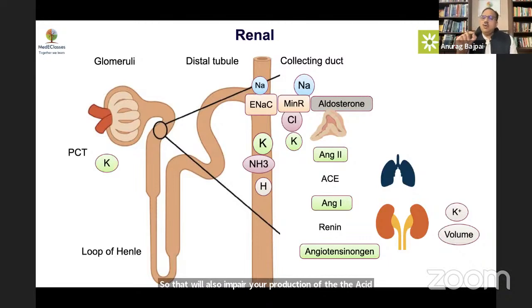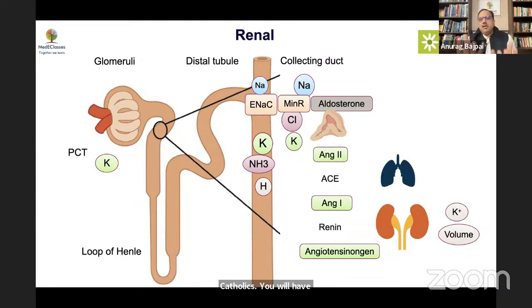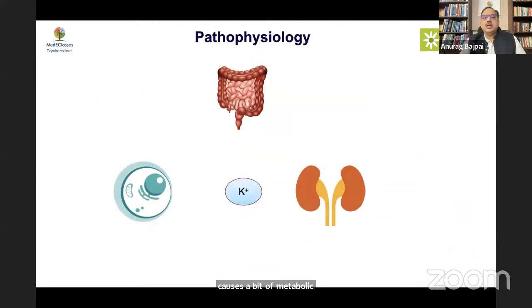So anybody who has hyperkalemia will have mild metabolic acidosis. And opposite, if you have metabolic acidosis, you will have hyperkalemia. So potassium and proton basically go up together. And this is the mechanism of what we call, quote unquote, type 4 RTA, in which you have hyperkalemia, which causes a bit of metabolic acidosis. So remember, proton and potassium are linked in that regard.